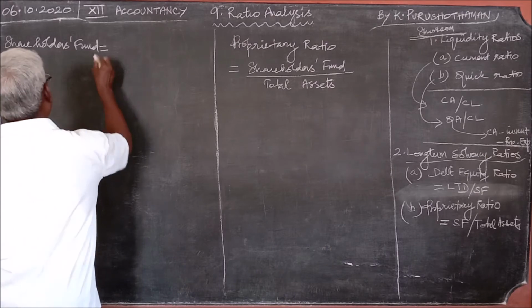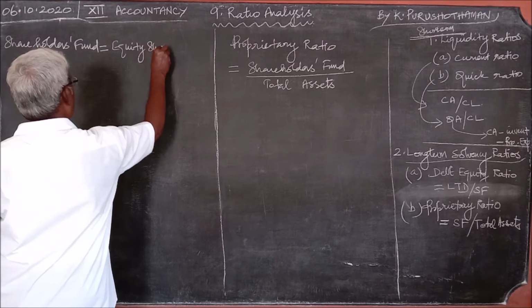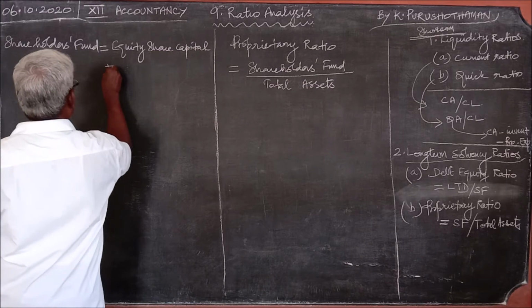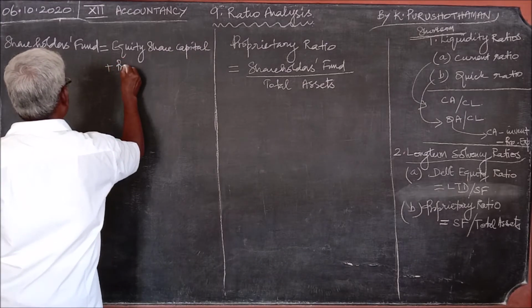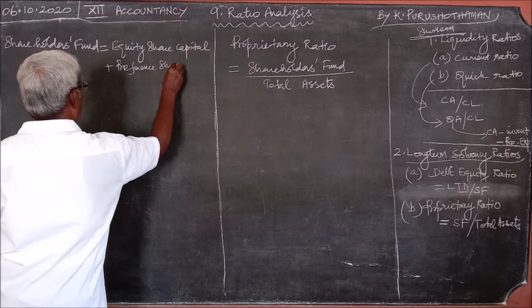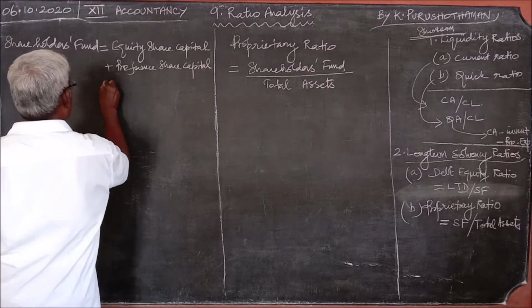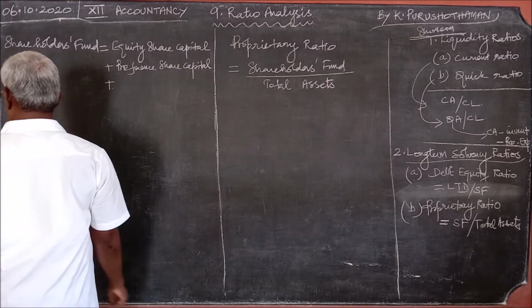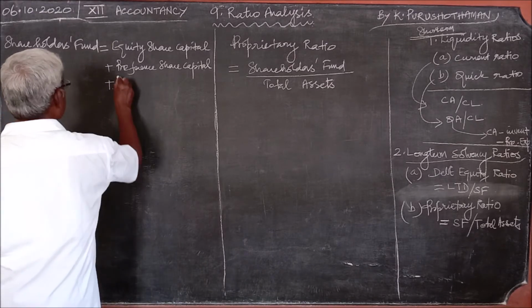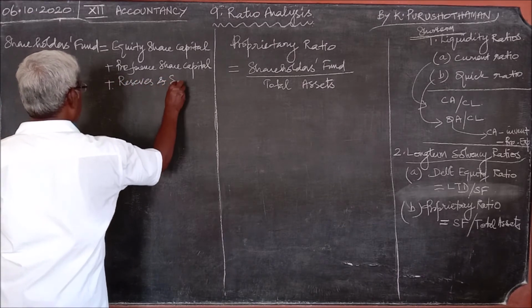So we can write equity share capital plus all types of shares, plus preference share capital plus reserves and surplus.